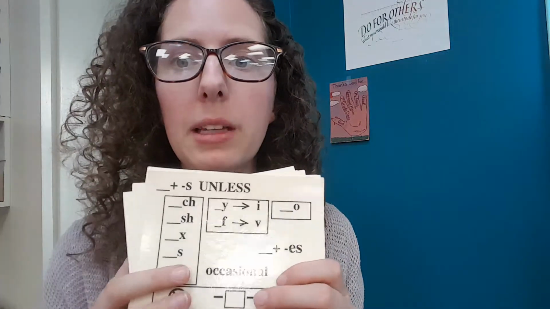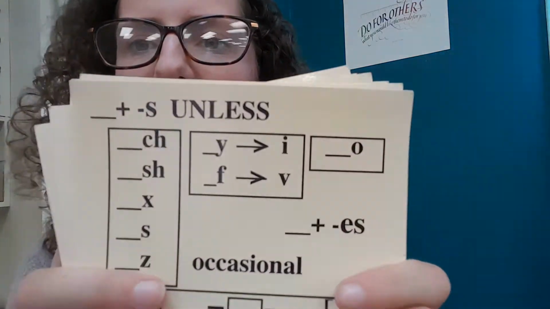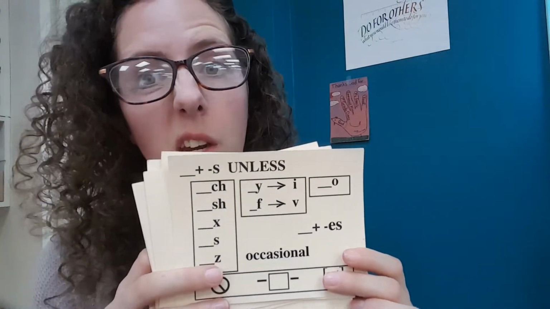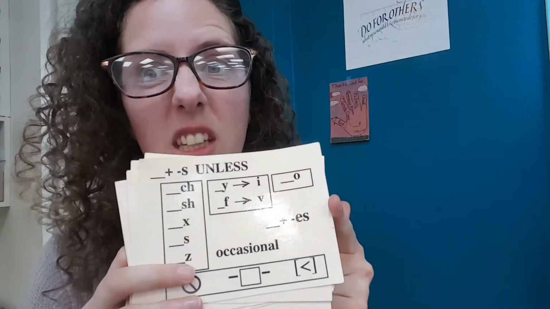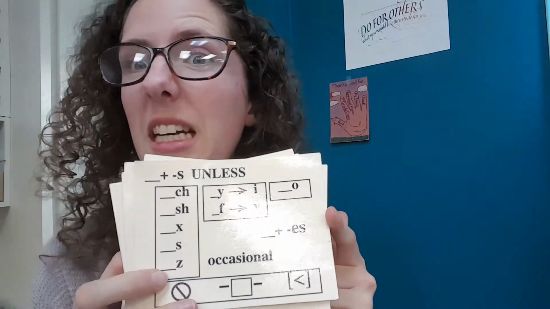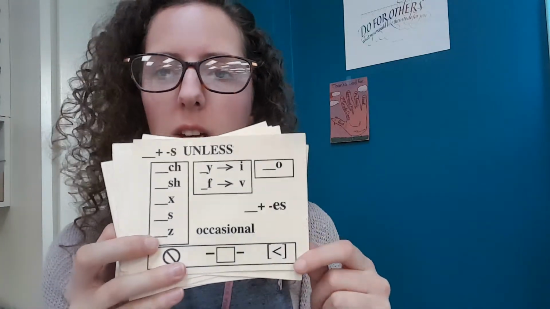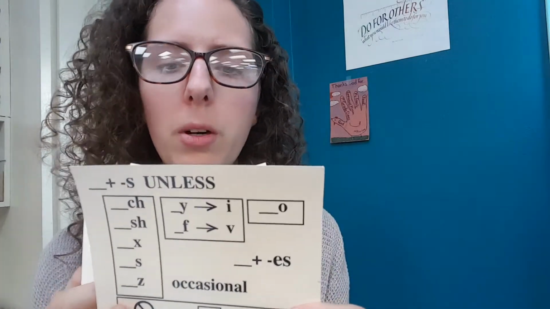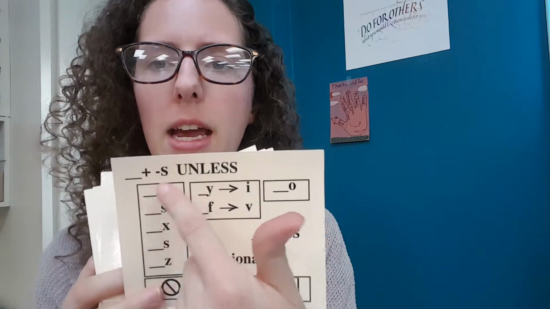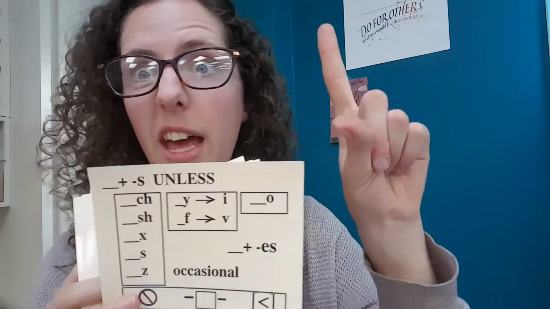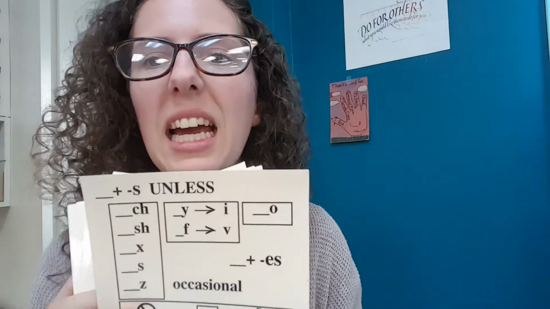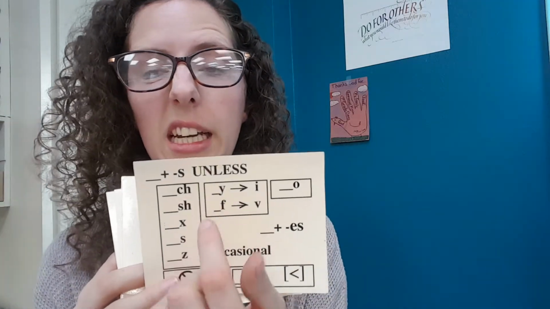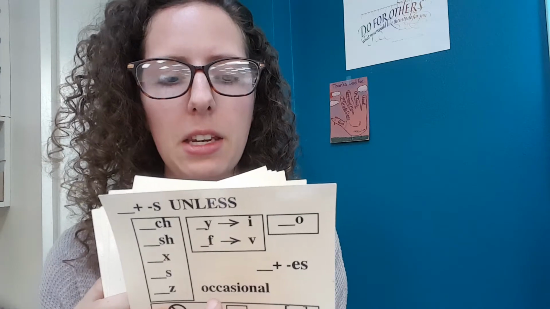All right. This one's a scary one. Look at this. It's a little bit different. But once we get to look at it a little bit closer, it won't be so confusing. So the rule is to make a word plural, just add an S, unless the word hisses.